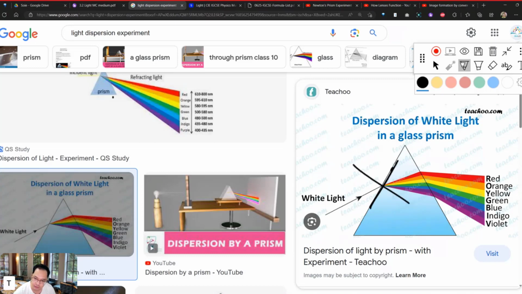The refracted ray must be on the other side, on the right side of the normal line compared to the incident ray. The incident ray is on the left of the normal line, and the refracted ray is on the right of the normal line.